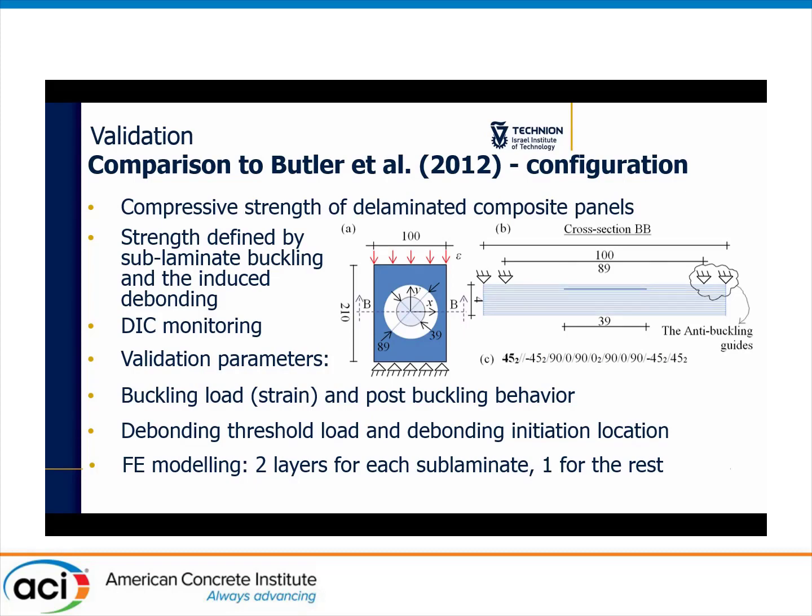The inner circle designates a delaminated region, and the strength was defined by buckling of this sublaminate and by the threshold load under which the debonding mechanism initiated. The results were monitored using digital image correlation. The validation parameters to compare the behavior of the actual work to our model are the buckling load of the sublaminate and the threshold load for the debonding initiation.